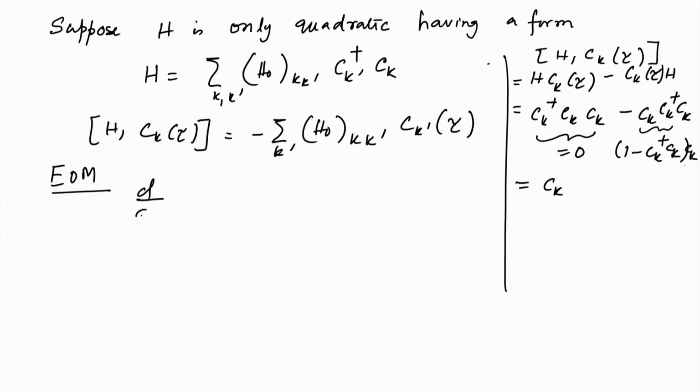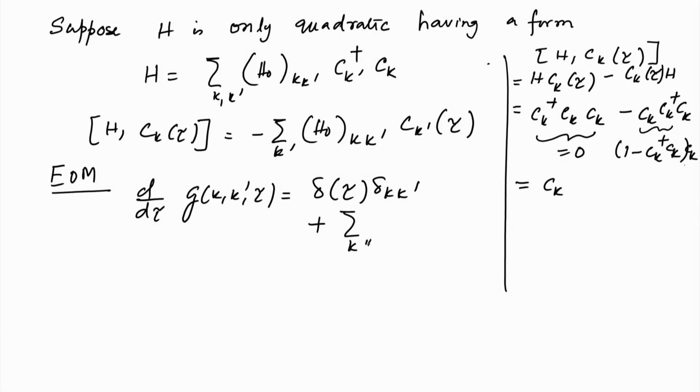d d tau of g k k prime tau, which is equal to delta tau delta k k prime plus sum over k double prime H 0 k k prime g k prime k double prime k prime and tau.